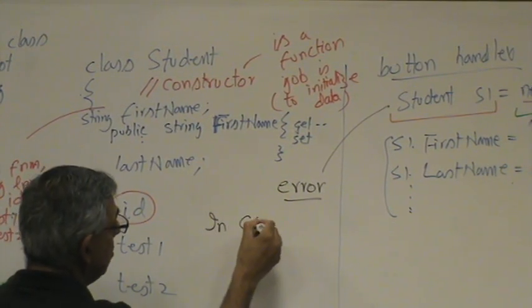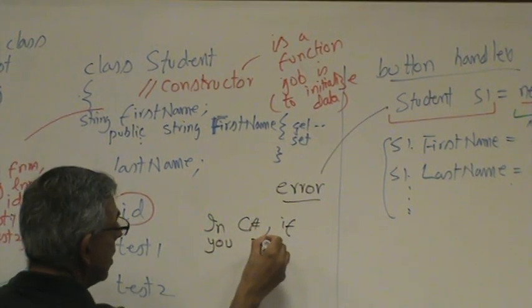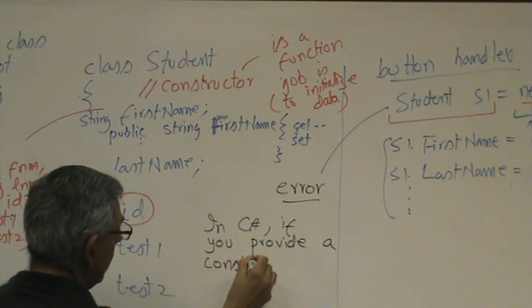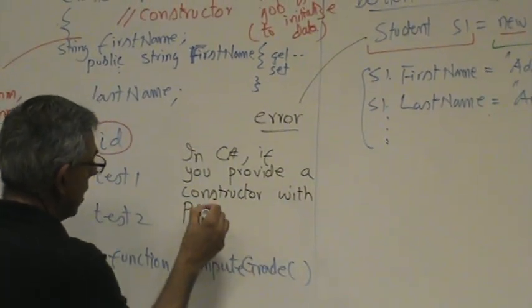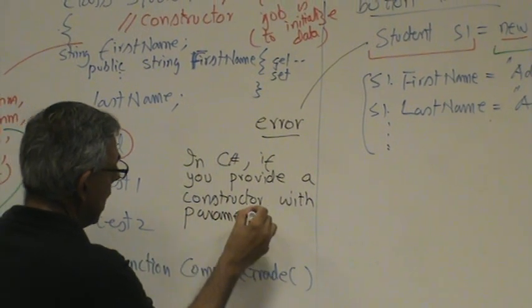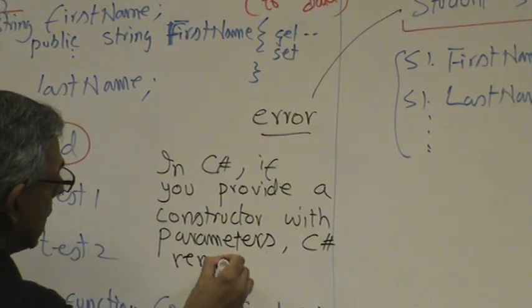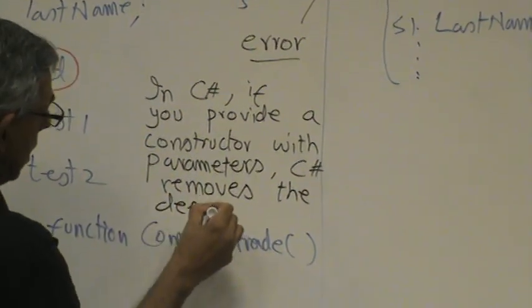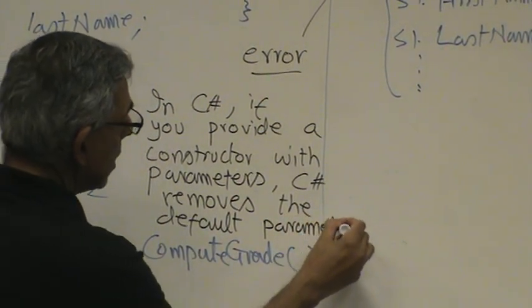So in C#, if you provide a constructor with parameters, okay, then C# removes the default parameterless constructor.